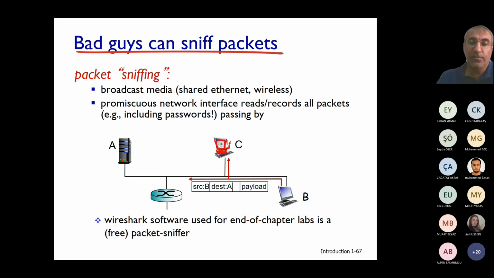For instance, we have a server A and a client B, and there's a bad guy between A and B, which is C. C can sniff the packets between A and B. For instance, Wireshark is a free packet sniffer that you can use to intercept packets between two computers and analyze them. We use Wireshark for that purpose.